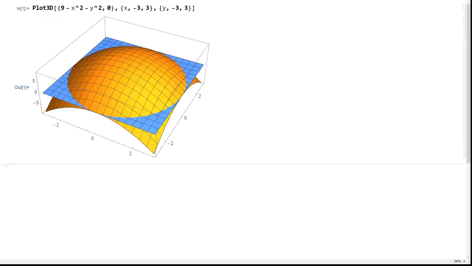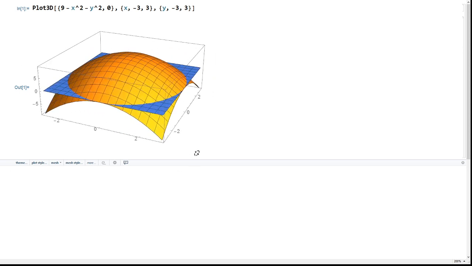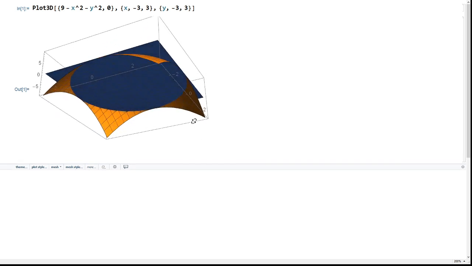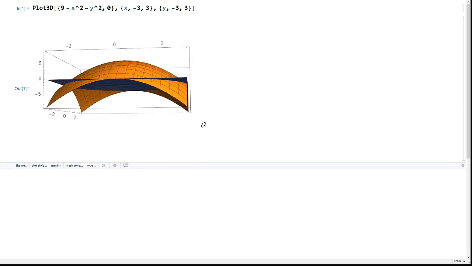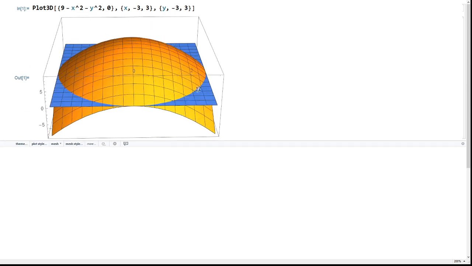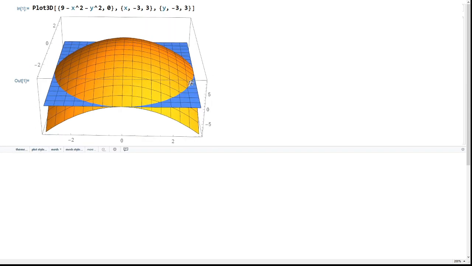And you'll see why. So we get a shape that looks something like this. It's sort of like a dome shape. So it's got a flat bottom, the rounded top like this, and that's what we're finding the volume of here.